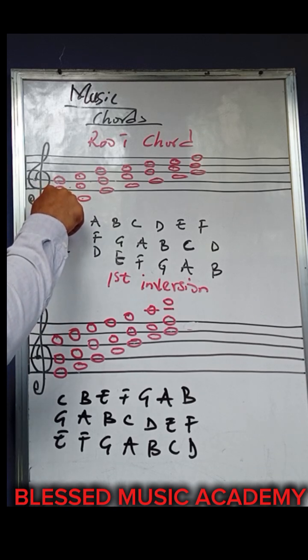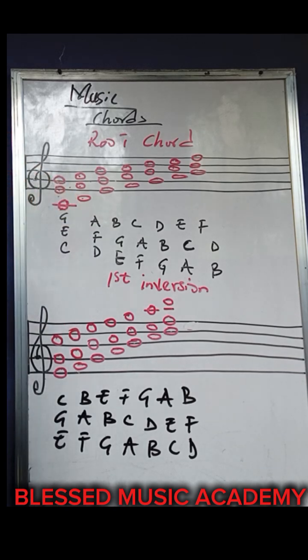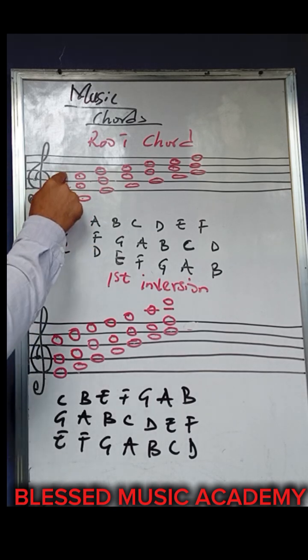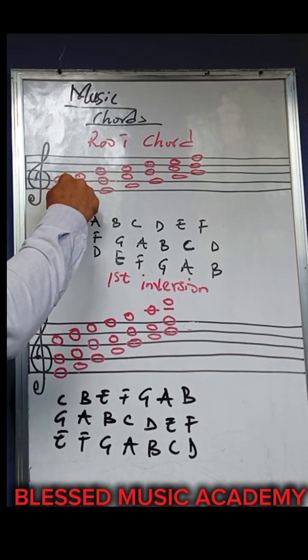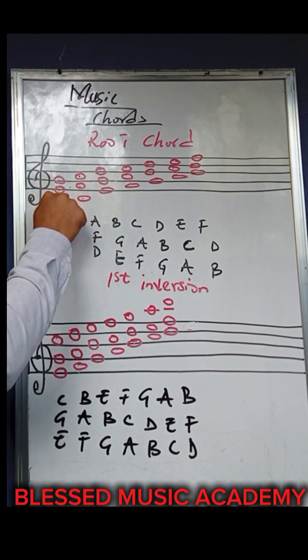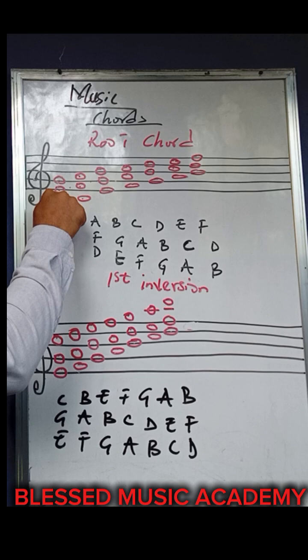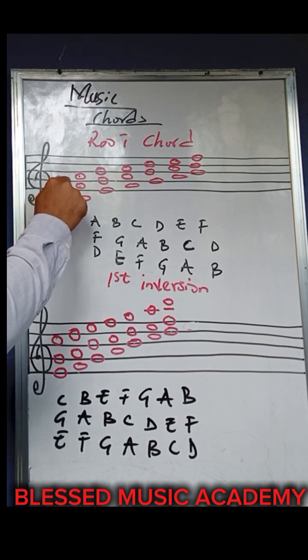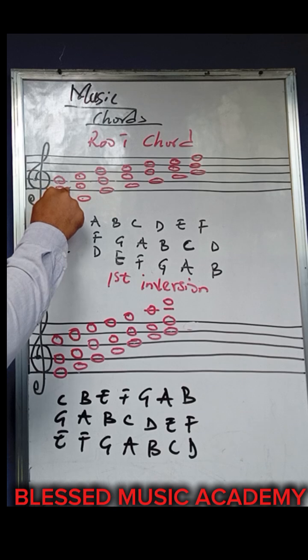That's how you do it. You pick the fifth, which is your so, your first, which is your do, and then your third, which is your mi. So you are having so, do, mi.